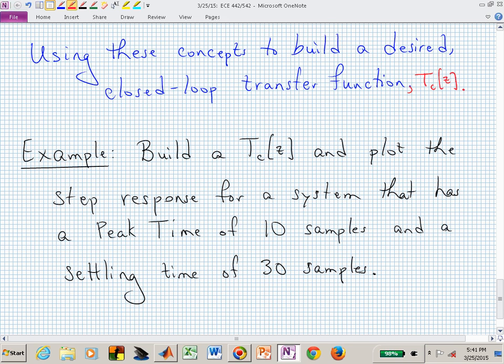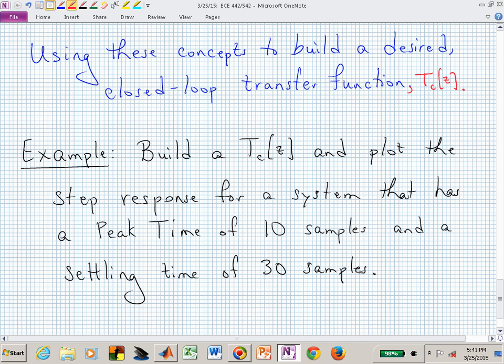What we want to do in this example is build that T sub C of z, and I'm assuming it's a second order transfer function, and plot its step response in MATLAB for a system that has a peak time of 10 samples and a settling time of 30 samples. So I really haven't specified the actual sample period. I wouldn't have to, but I'm going to, just to give us something to play with.